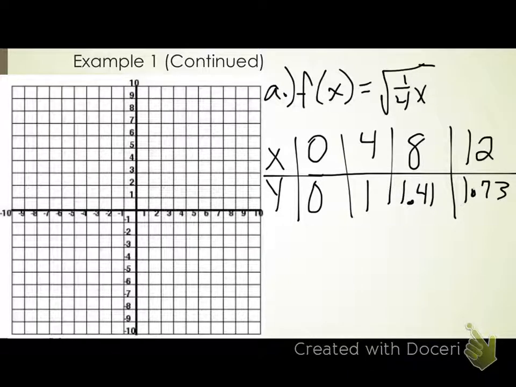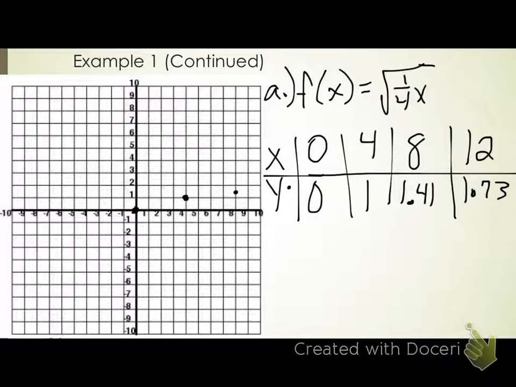So now I can just graph these ordered pairs. 0, 0. 4, 1. 8, 1.41. 12, 1.73.